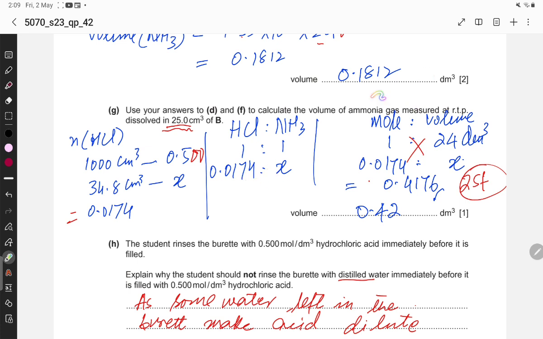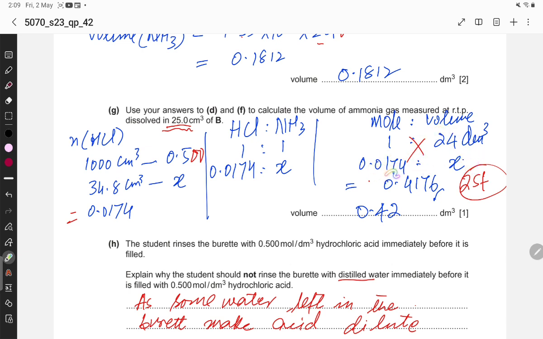So now we can find the moles of ammonia gas in solution B. 1 mole is equal to 24 dm cube. So what would be the volume if the moles is 0.0174?